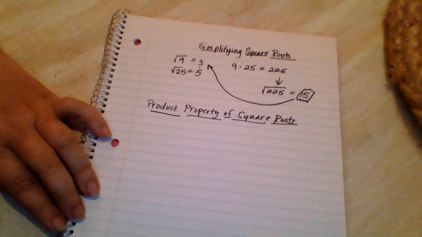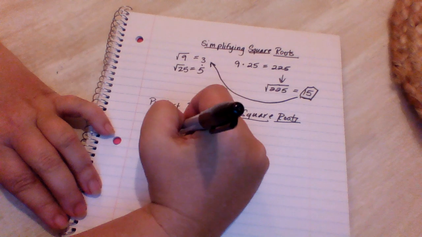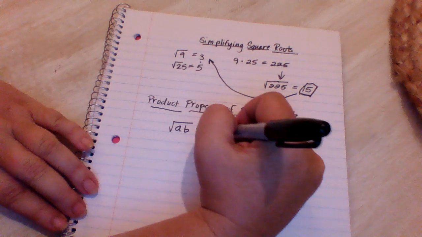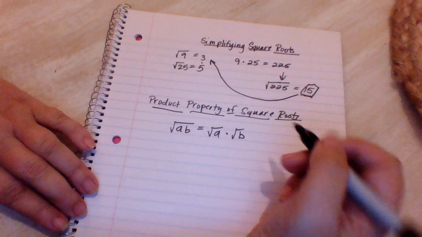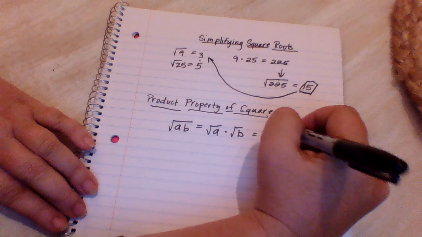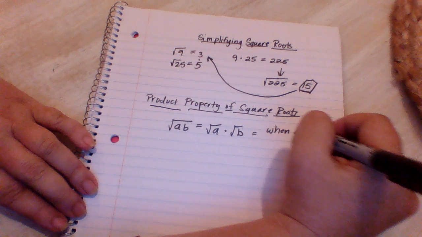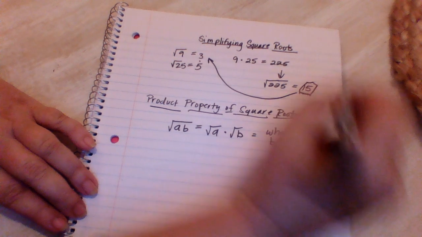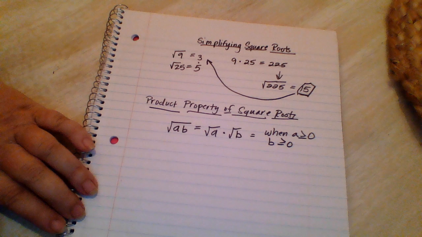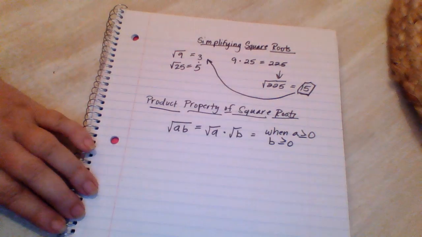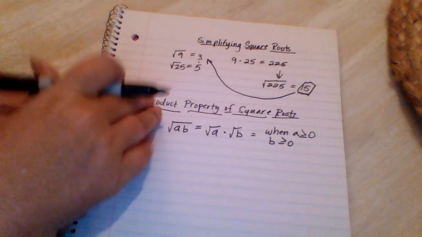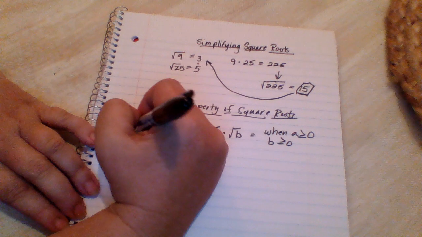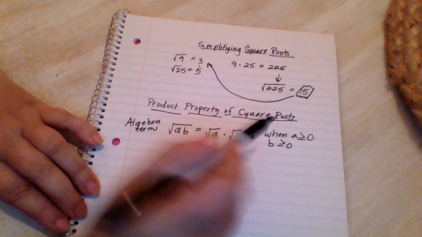And basically what this is saying is that if you take the square root of a times b, that is the same thing as the square root of a times the square root of b, when a is greater than or equal to 0 and when b is greater than or equal to 0. Okay? Now, this is the algebra way of saying it because we have our variables here. So this is the algebraic way of defining the product property of square roots.